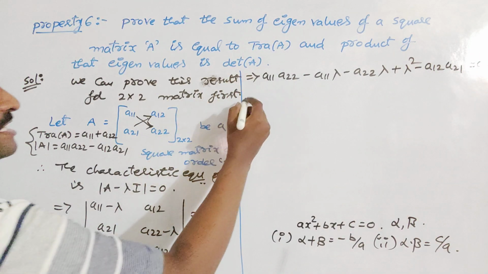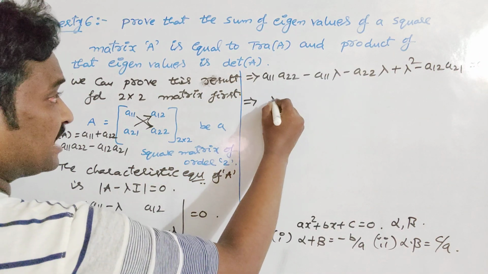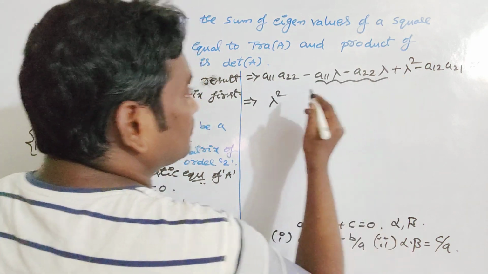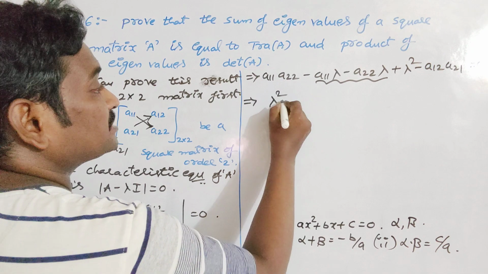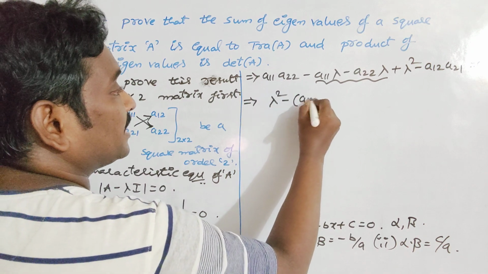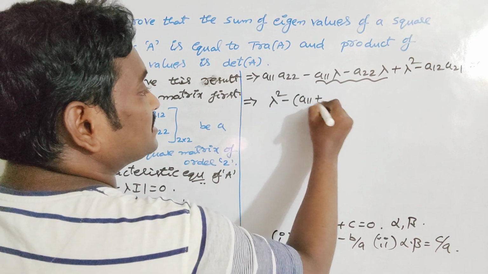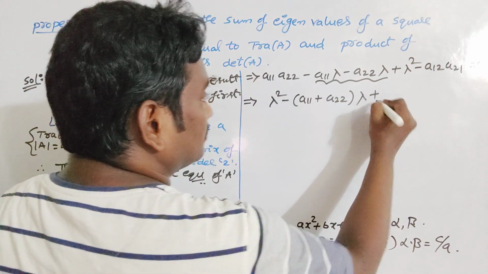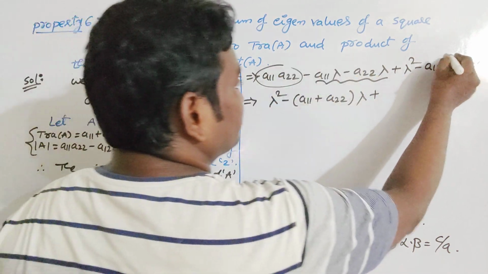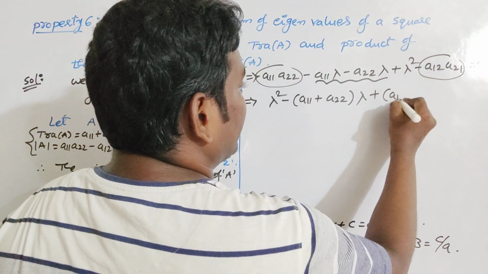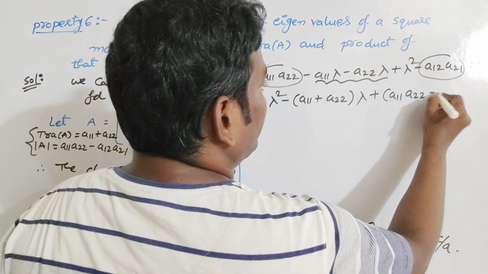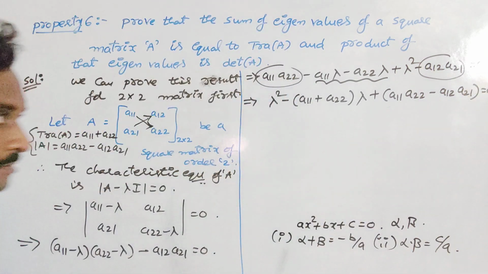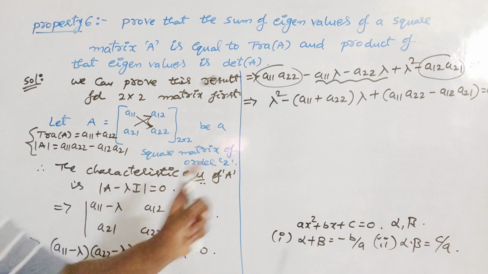Now I will write this equation in order. Lambda square is the highest degree term. Next, in the middle two terms, lambda and the minus sign are common, so minus A11 plus A22 into lambda, plus the constant term A11 A22 minus A12 A21 is equal to 0. This is the characteristic equation.